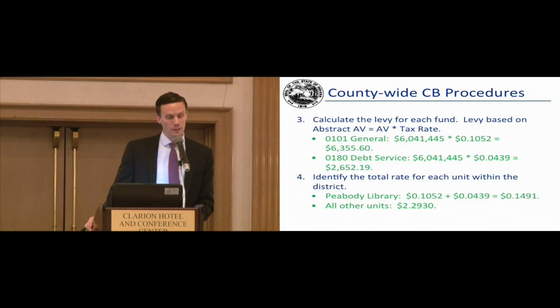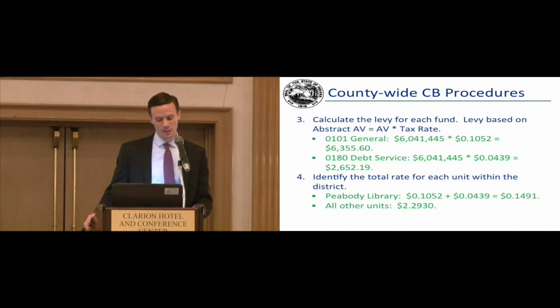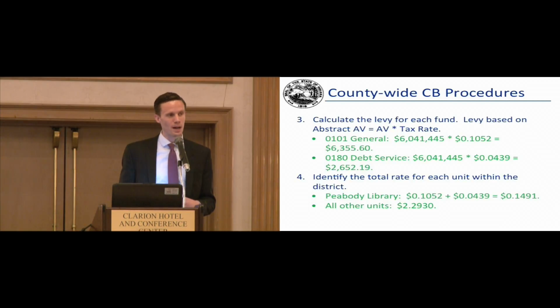So for our general fund, we're taking the $6 million assessed value, multiplying it by a 10-cent tax rate, and arriving at a $6,355 levy. Similar with debt service, we take the same assessed value multiplied by the tax rate, and we'll arrive at a $2,652 levy.